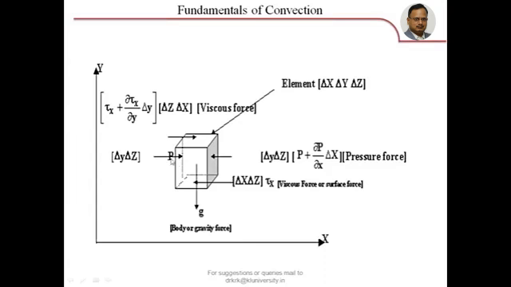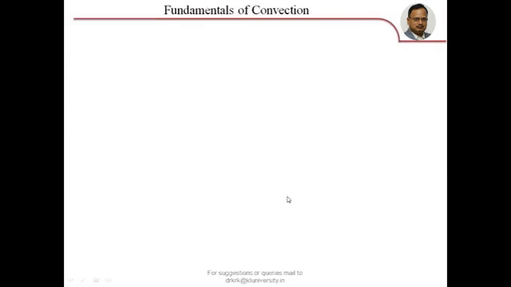Let the pressure be P in x direction. So the force due to this pressure P is P into area del y del z. And the pressure at a distance of x plus dx is P plus dou P by dou x into del x, into del y del z. Element volume is del x del y del z. I think it is clear.